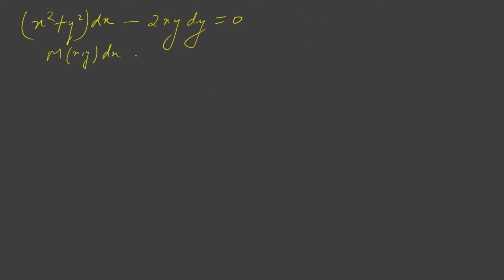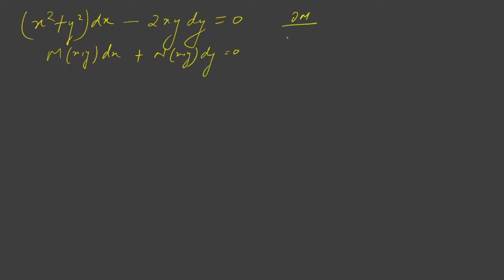So next we will solve another problem. Let us see this one: x square plus y square dx minus 2xy dy is equal to 0. So this is again of the form M of xy dx plus N of xy dy is equal to 0.